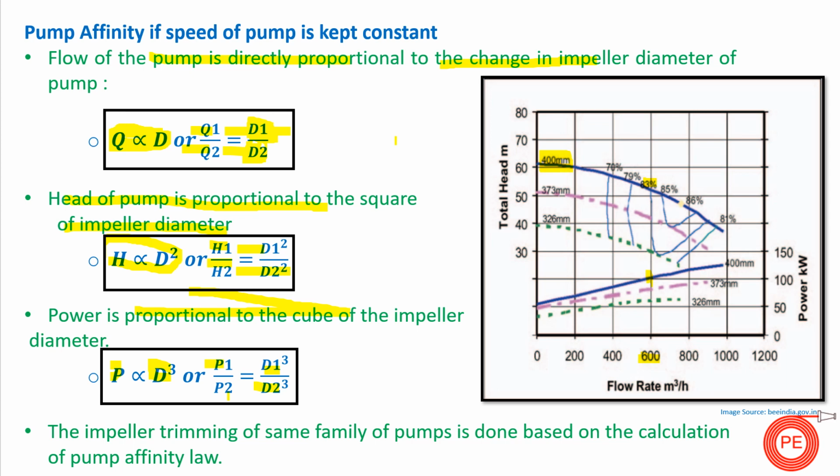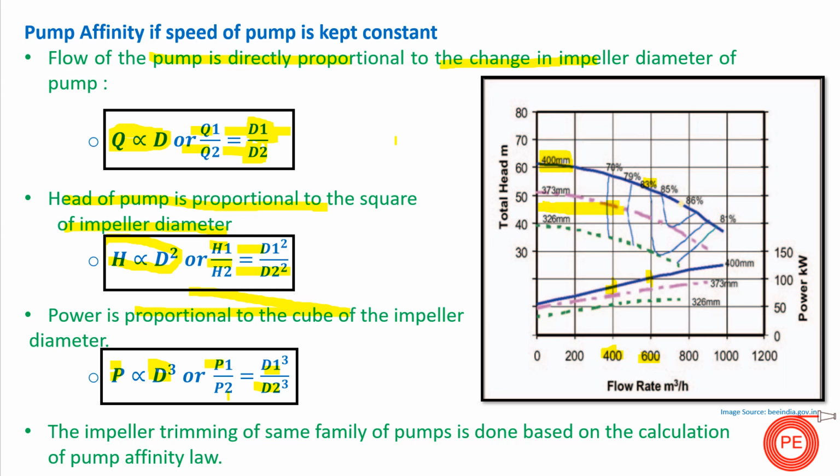I have changed my flow to 600 meter cube per hour. At 600 meter cube per hour, my new impeller diameter will be around 373 mm, my head will be less than 50 meter water column, my new power consumption will be less than 100, around 70 kilowatt, and my efficiency of pump will also go down.